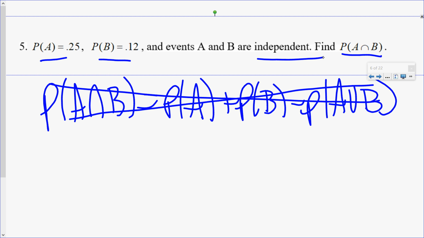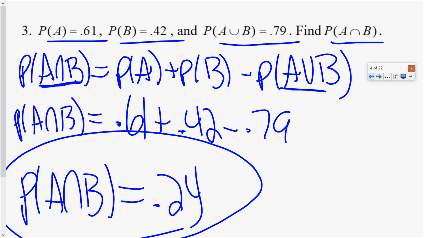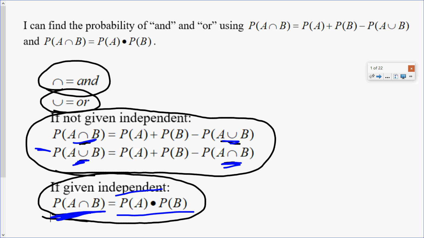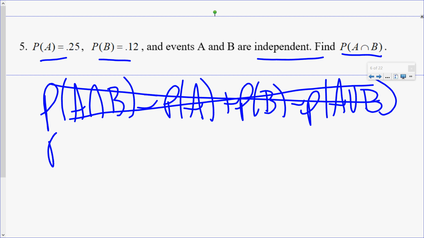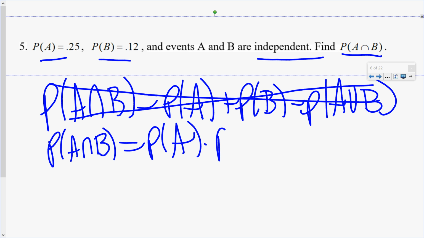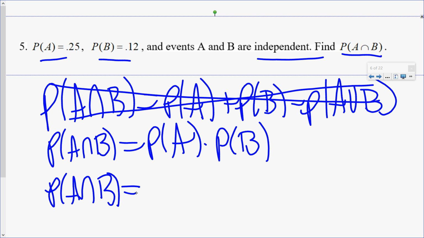But it says that it's independent. If they're independent, then I use this formula. P of A and B equals P of A times P of B. So P of A and B equals P of A, which is 0.25, times P of B, which is 0.12.